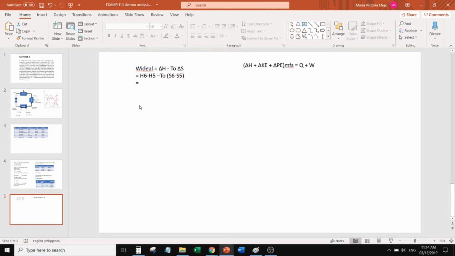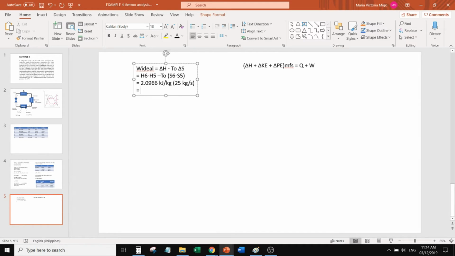Just substitute, you will get 2.0966 kilojoules per kilogram. Okay, then let's convert this to power. So multiplied by 25 kilograms per second.